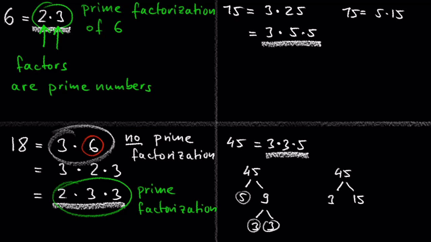What will be the prime factorization of 45 and 75 then? Feel free to pause the video and try it yourself. We can factor the 15 to 3 times 5 and we get the same as in the factor tree before.